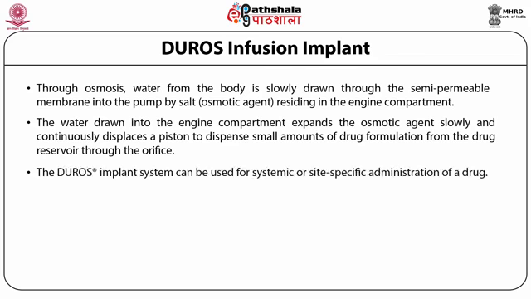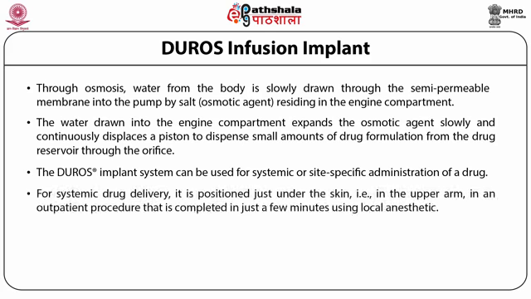The Duros implant system can be used for systemic or site-specific administration of a drug. For systemic drug delivery, it is positioned just under the skin, that is in the upper arm, in an outpatient procedure that is completed in just a few minutes using a local anesthetic.